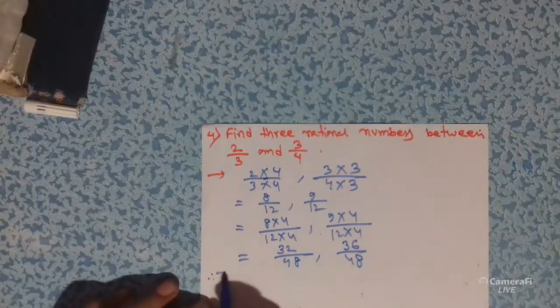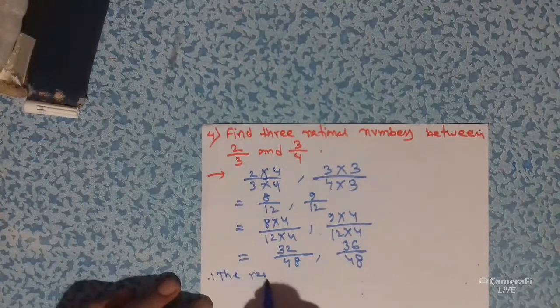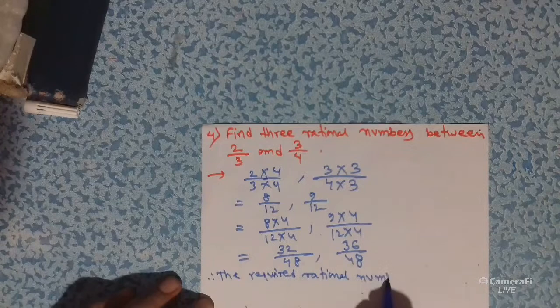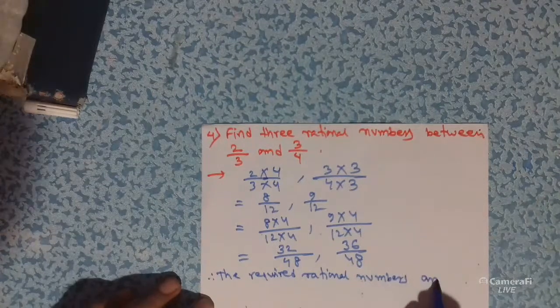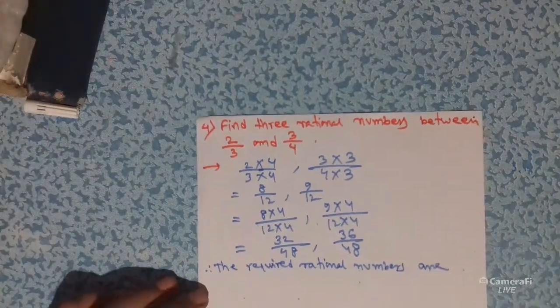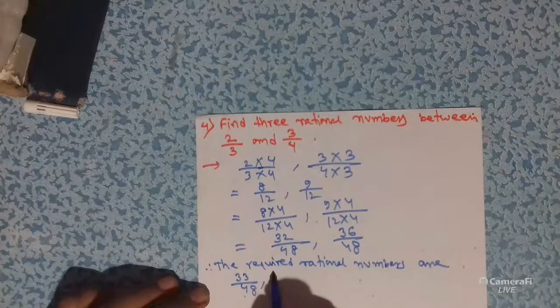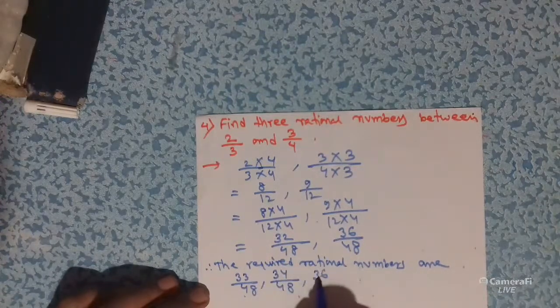Okay, therefore the required rational numbers are 33 by 48, 34 by 48 and 36 by 48.